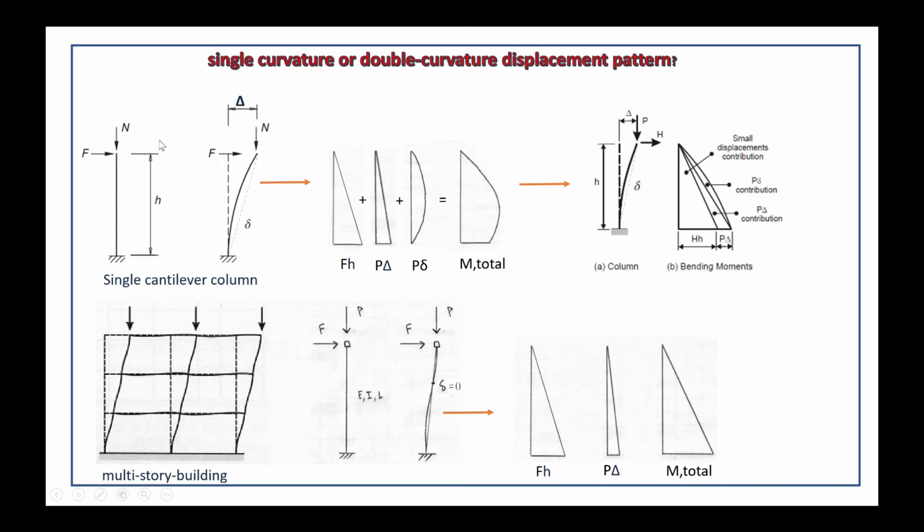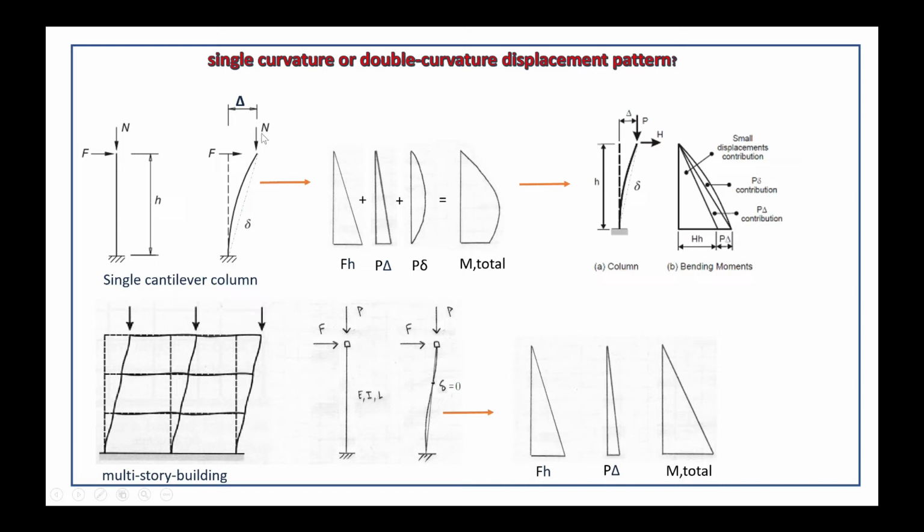We can include for the big delta and small delta. So this moment made by the first order moment, and this moment made by the big delta, and this moment made by the P multiplied with the small delta. We can call it P delta.